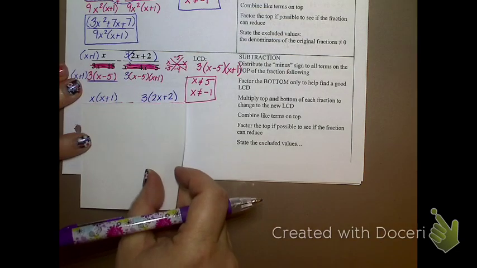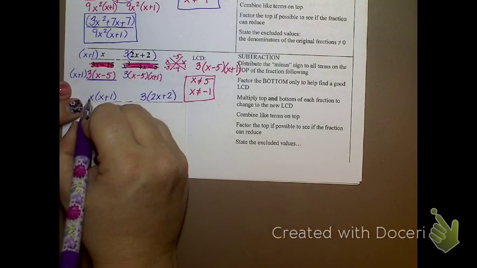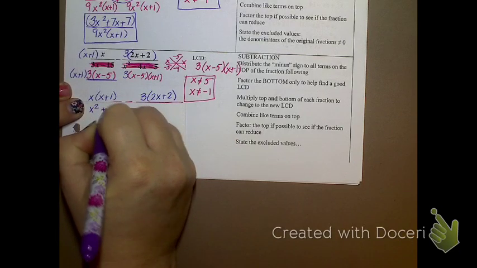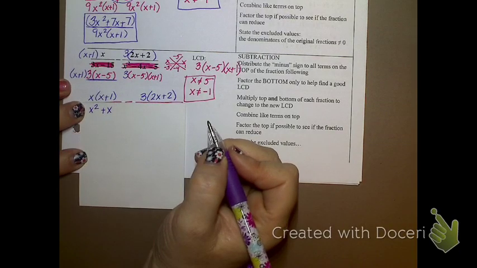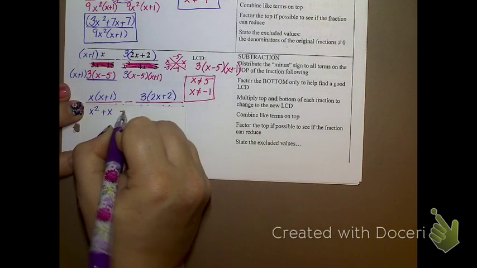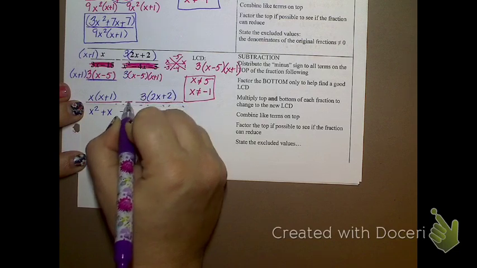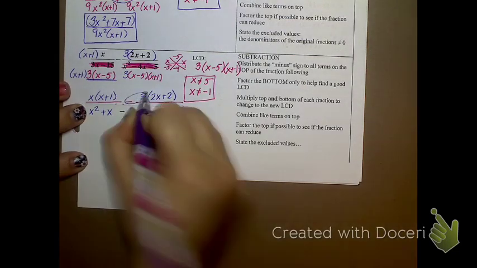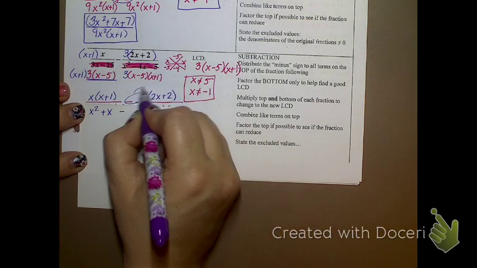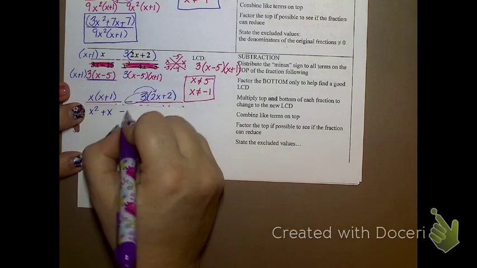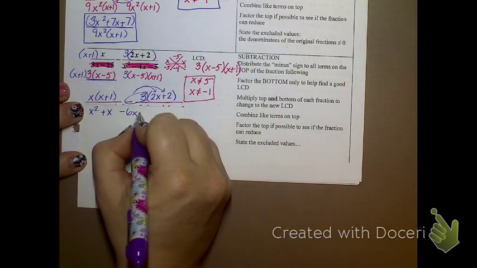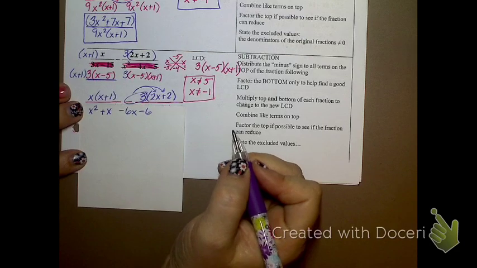So if I go right here, x times x plus 1, that would be x squared plus x, correct? Now I have a minus sign in the middle. Minus. This minus sign, I'm actually going to treat this as though it was a negative 3 that I'm distributing. Does that make sense? So negative 3 times 2x would be negative 6x, and negative 3 times positive 2 would be negative 6.